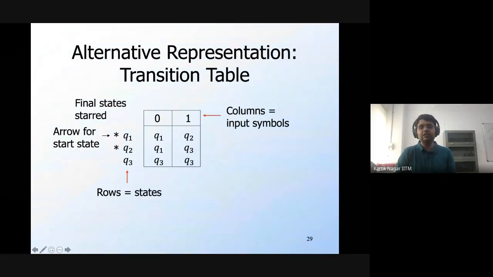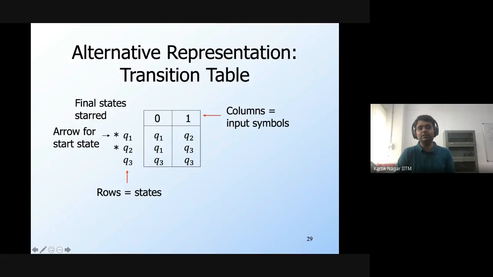So in this case, if you are, for example, in row 1, then you know that for Q1 and symbol 0, delta of Q1 comma 0 was Q1. So that's why we have written Q1 in that cell for Q1, 0. Similarly, in the cell corresponding to Q1 and 1, we have Q2 because delta of Q1 comma 1 was equal to Q2, and so on. Okay. So this is another alternative representation of a DFA.